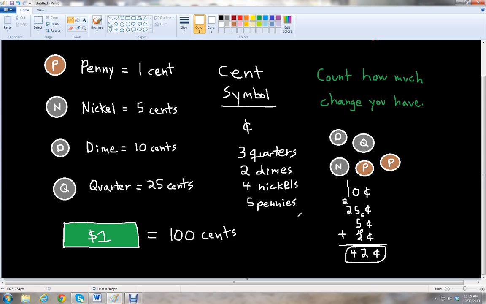And let's see how much change we have total. When we count these up together, we have 3 quarters, 2 dimes, 4 nickels, 5 pennies.